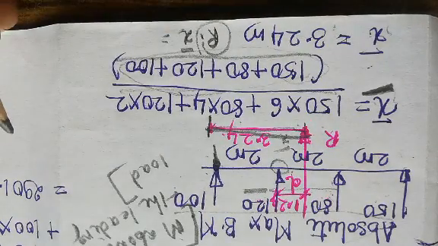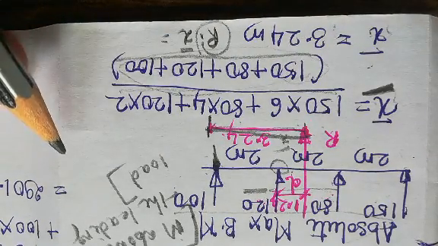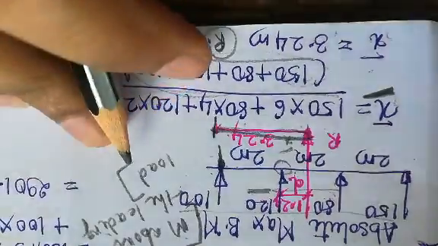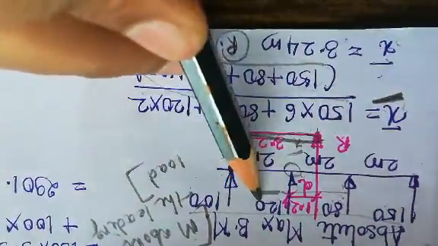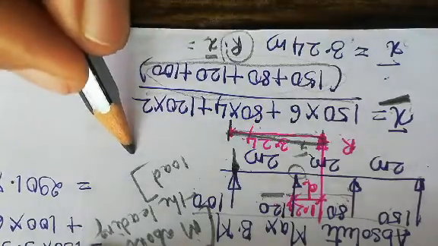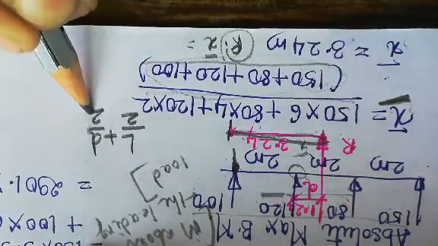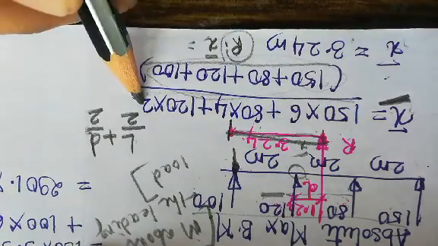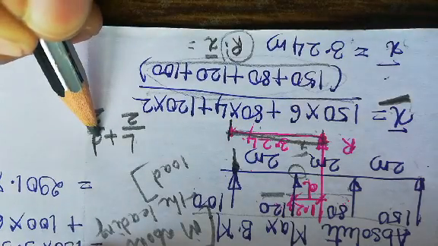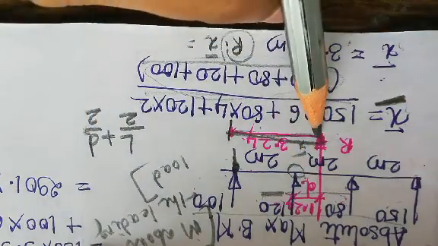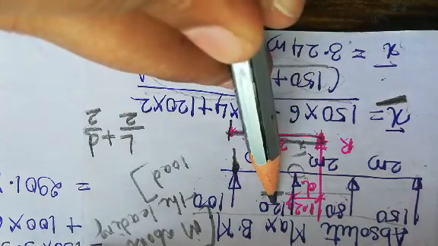In my previous lectures we have seen that the position of 120, the heavier load, from A is given by L divided by 2 plus D divided by 2, where L is the span and D is the distance between the resultant and the heavier load.